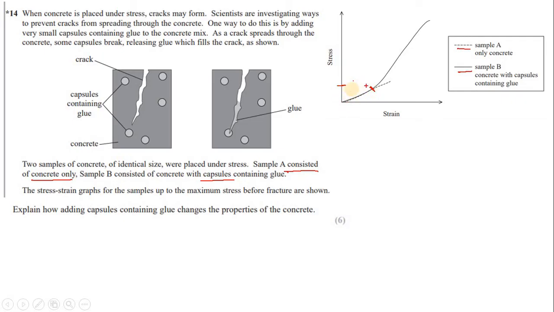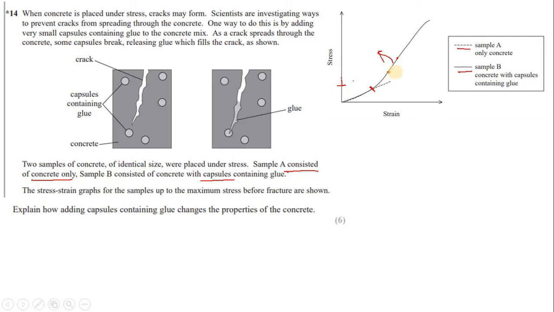But as the stress starts increasing from that particular value, you see that the graph of sample B, which is the solid one containing glue, starts getting steeper. So the gradient is increasing.